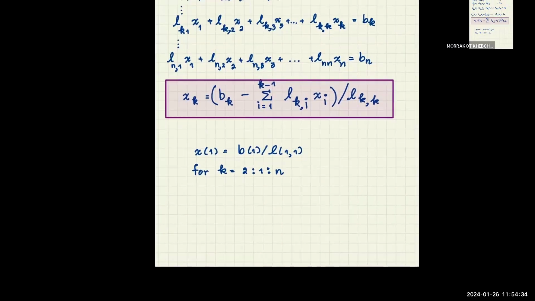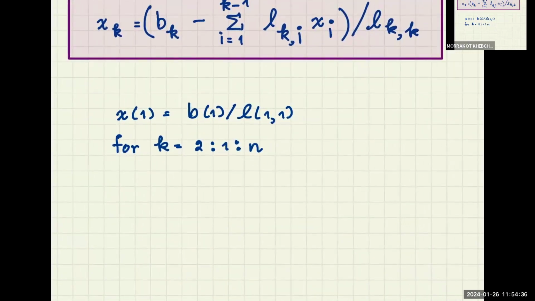So for this, it means for K equal to 2, step up 1, 2, 3, 4, 5 up to N, you calculate the sum. Sum starts from 0. I starts from what? 1.